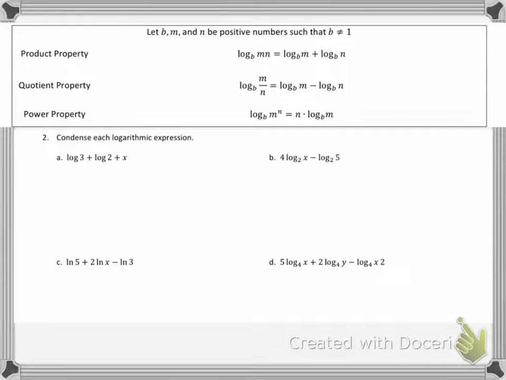So, to expand, we did fractions first, then multiplication, then powers. That was to expand. If I want to condense and go backwards, then I'm going to go the other way. I'm going to look for powers first. Then I'm going to look for anything that's being added. So I'm going to write a little checklist here up at the top since I'm condensing. Okay, so the first thing I'm going to do is look for multiplication on the outside, and we'll turn that into a power.